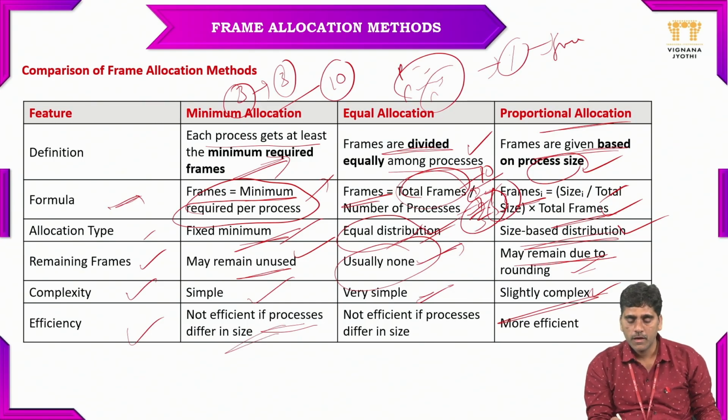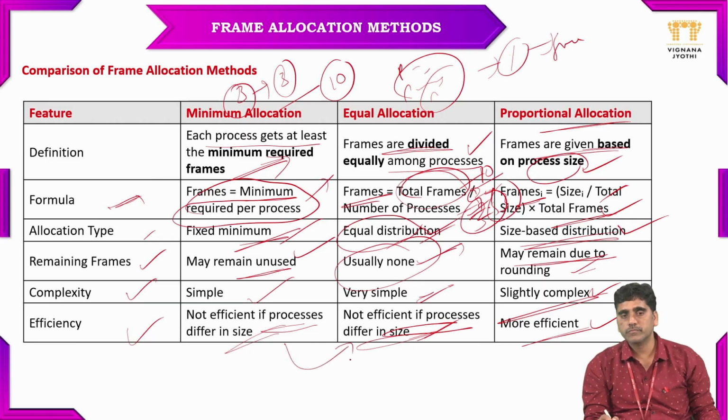Equal allocation is also not efficient if processes differ in size. The same remark applies to both. Proportional allocation is far more efficient than these two allocation methods.